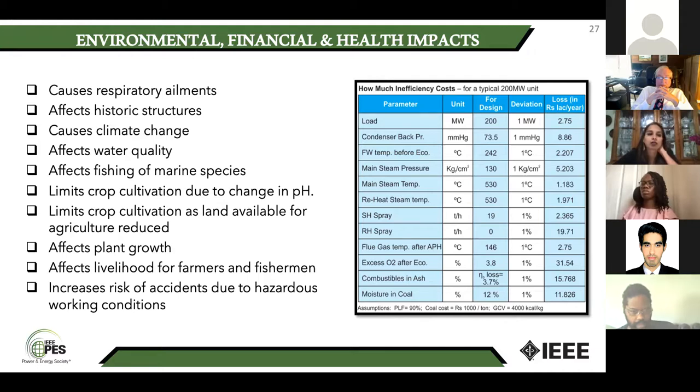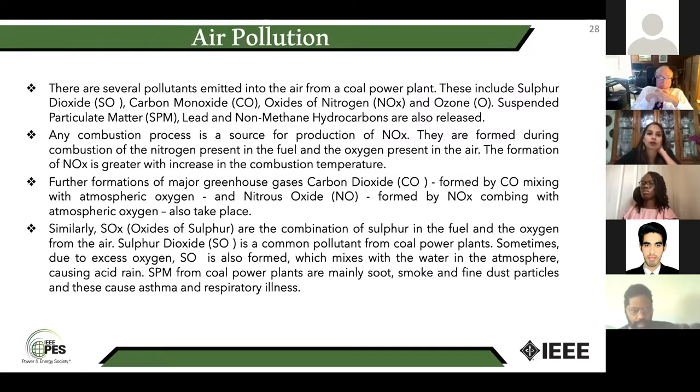Now it increases risks of accidents due to hazardous working conditions. Air pollution: SOx, NOx, carbon monoxide, SPM, acid rain, smoke. I can't emphasize enough the harm of these pollutants and how long they stay in the environment.